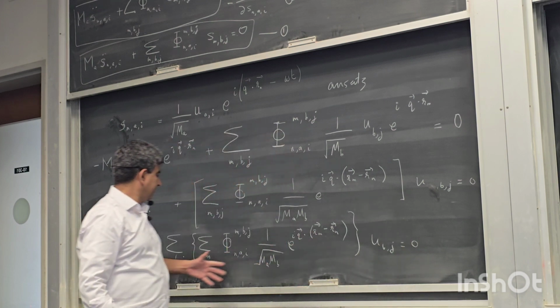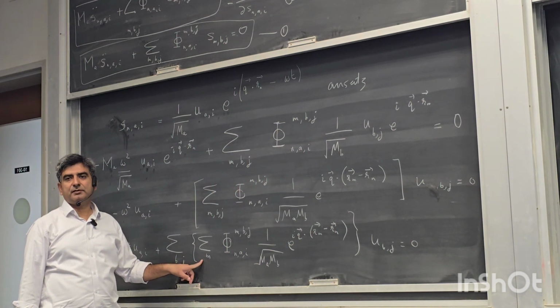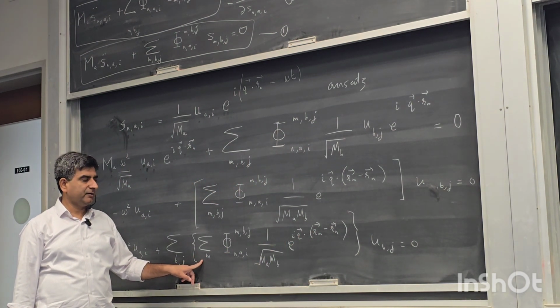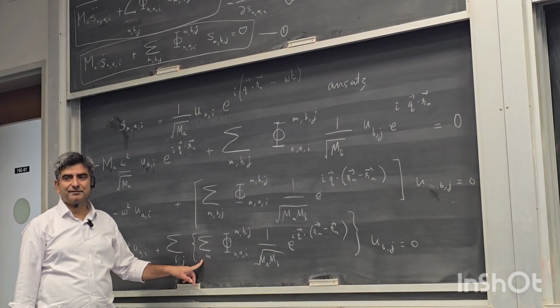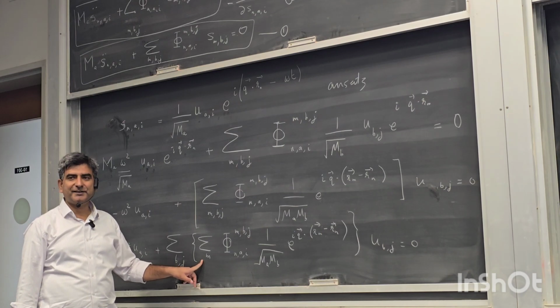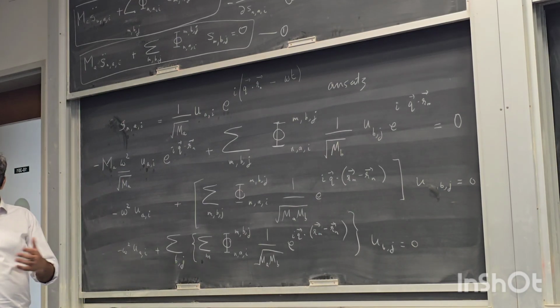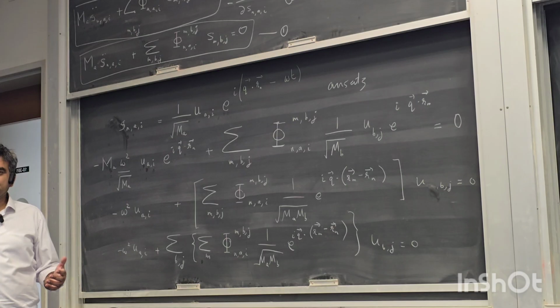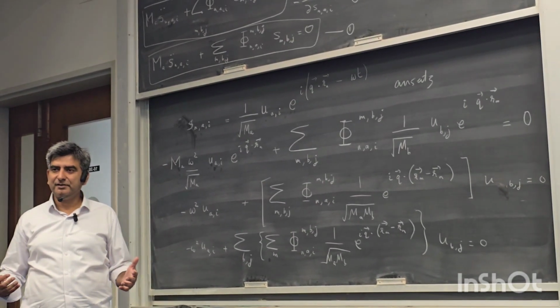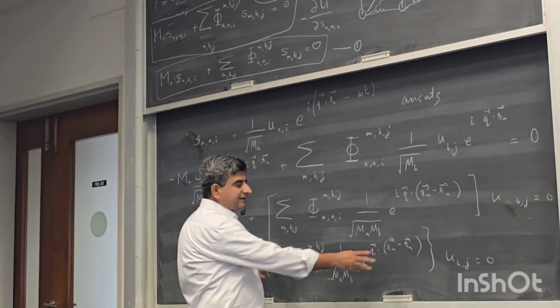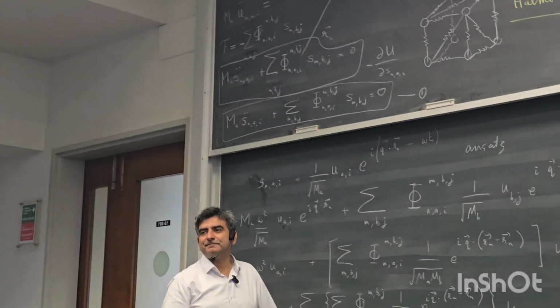Now this term is a summation over M, so it will be independent of M. Right? So since we are summing over all m's, it's independent of M. And since there is translational symmetry, the sum over M takes away the M variable. Correct?